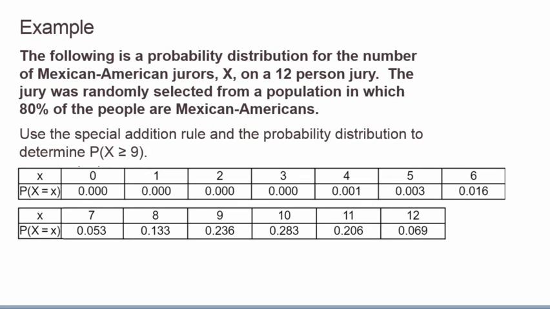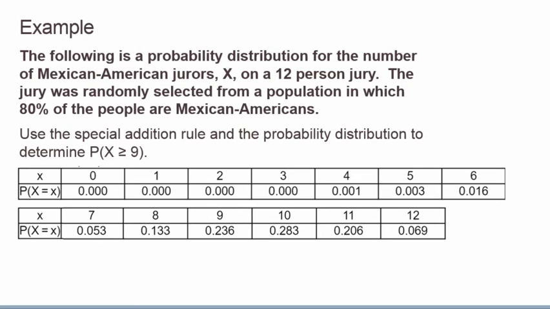For x equals 4, the probability is 0.001. For x equals 5, the probability was 0.003. For x equals 6, the probability was 0.016. For x equals 7, the probability was 0.053. For x equals 8, the probability was 0.133.